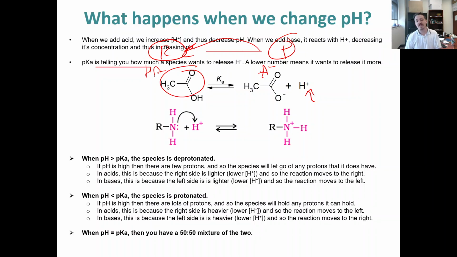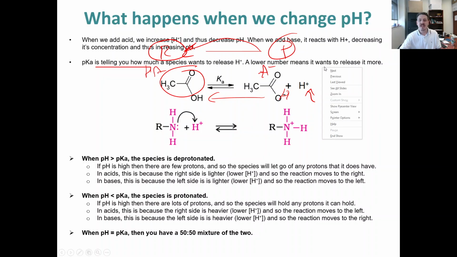So if a stronger acid adds in more H+, you're going to force some of the weak acid's product to recombine and make more reactant. This acid is becoming protonated and moving backwards. It becomes protonated by the stronger acid.